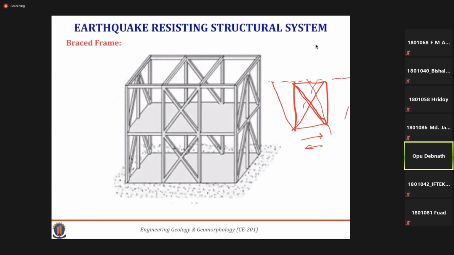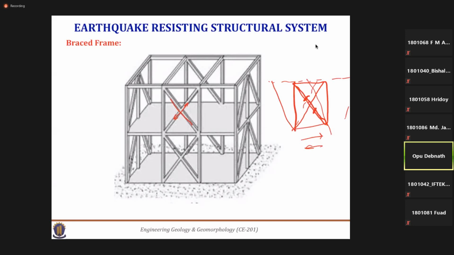And nowadays advanced diagonal bracing elements are found. Those are actually the damping system. That means not a rigid bracing. Instead of rigid bracing, diagonal dampers are used. The function of dampers is that they can move or slide.